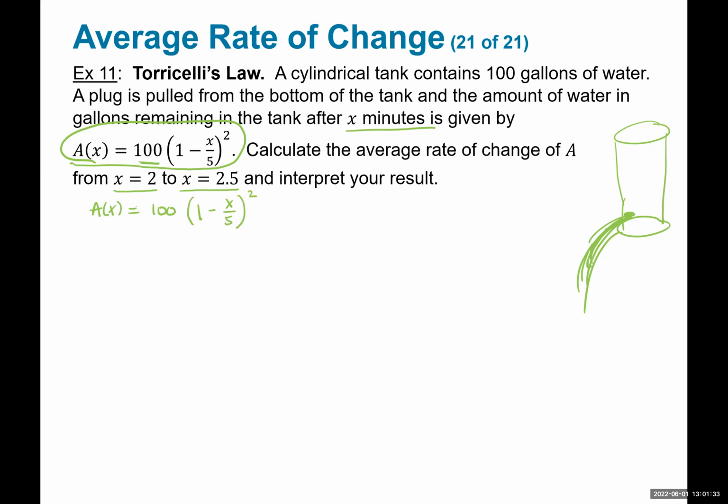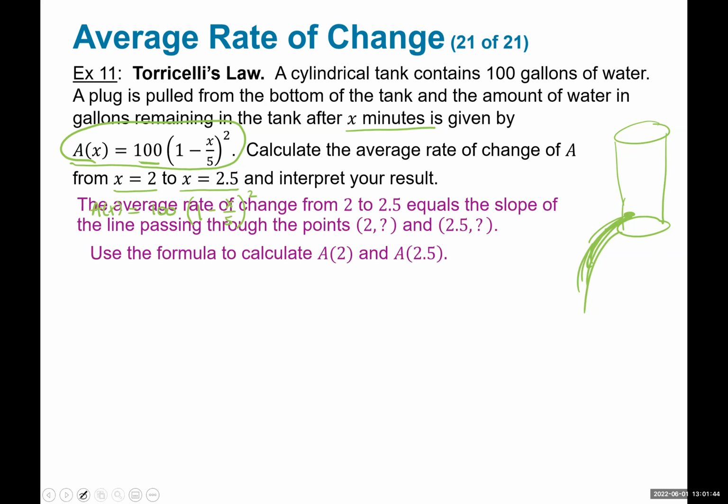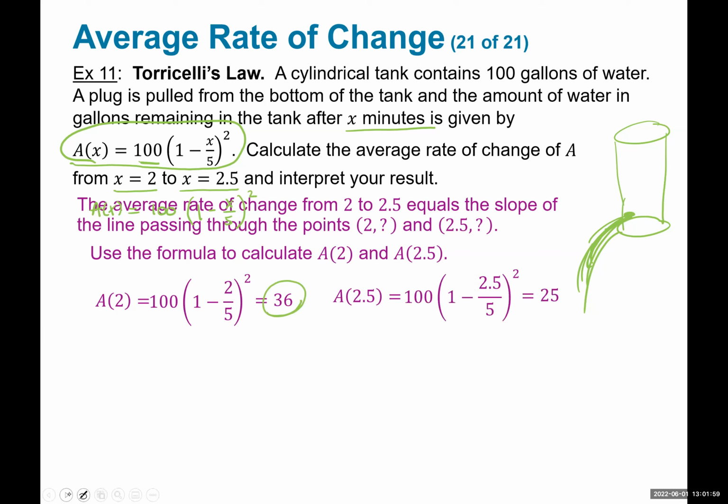So what we need to do is find the values of A of x after 2 minutes and after 2.5 minutes. How much water is really left? Then we can find the average rate of change. So we need to calculate A of 2 and A of 2.5. A of 2 means put in 2 for x. And you'll find that that's 36 gallons left. After 2 minutes, it's only 36 gallons left. And after 2.5 minutes, it's only 25 gallons left.